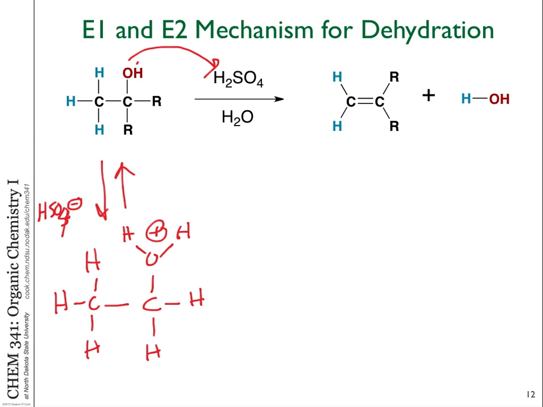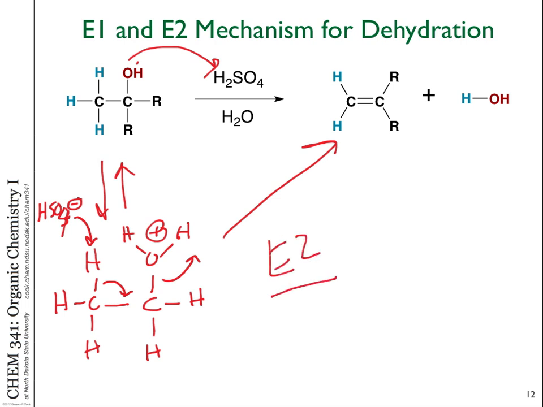In the rate determining step, the proton is being pulled off by that anion. At the same time, the double bond is forming and the water is leaving. So all of this is happening in one step, and it goes directly to here without forming a carbocation intermediate. That's an E2 reaction mechanism.